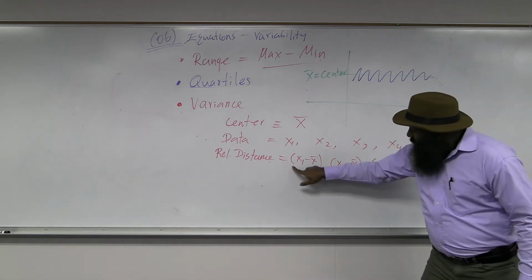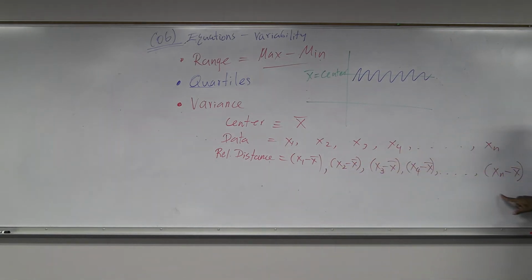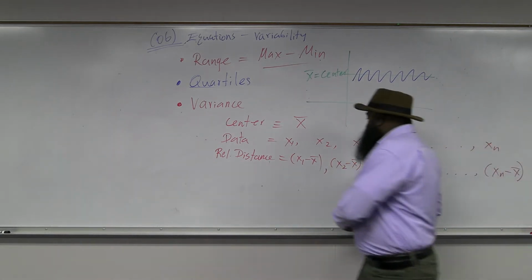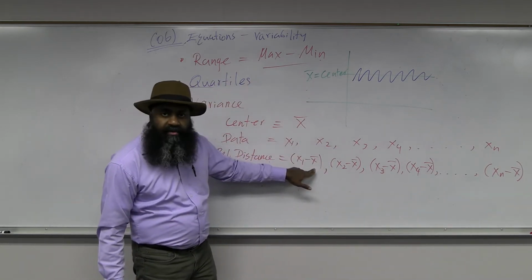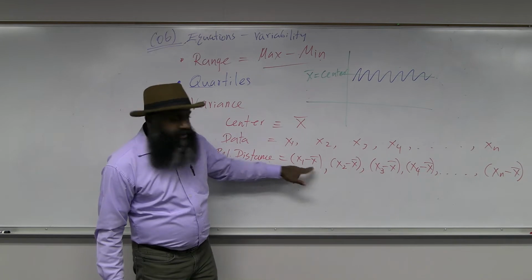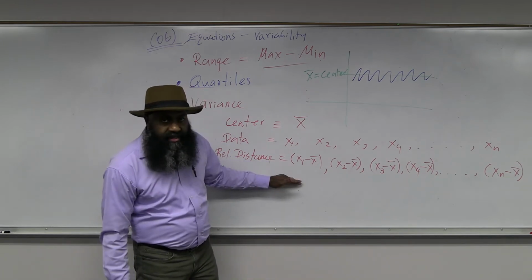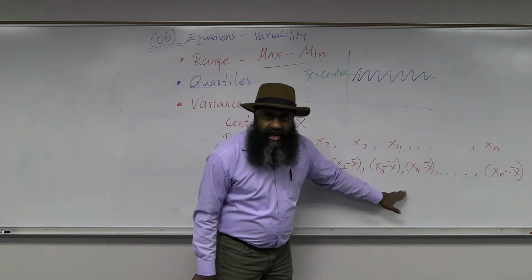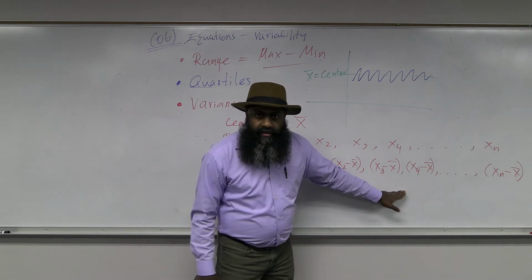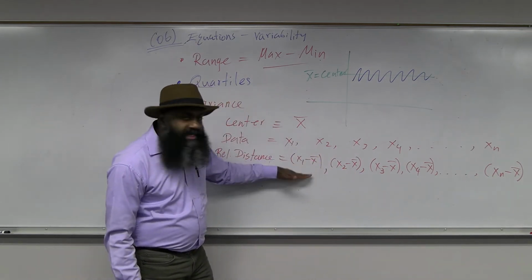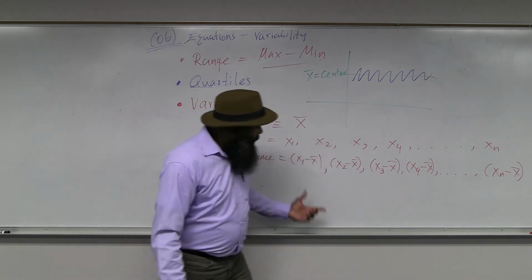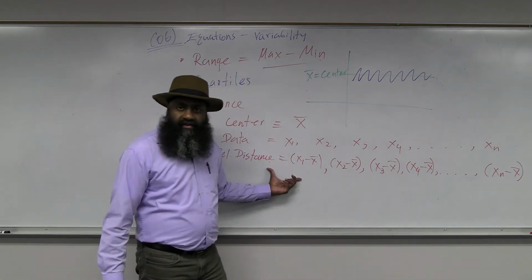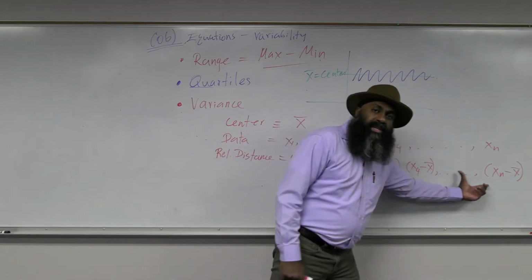But when I follow this strict definition, I subtract x bar, the center. Some data points are larger than the center, the others are smaller. But no matter what, I consistently subtracted the mean from every single data point. That means about half of these will be negative and about half will be positive.